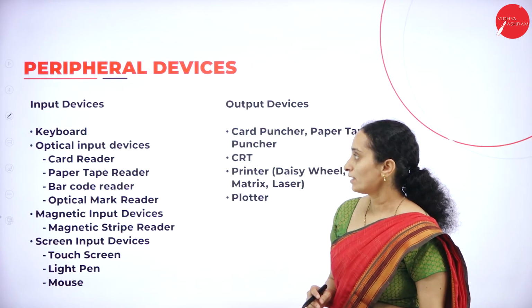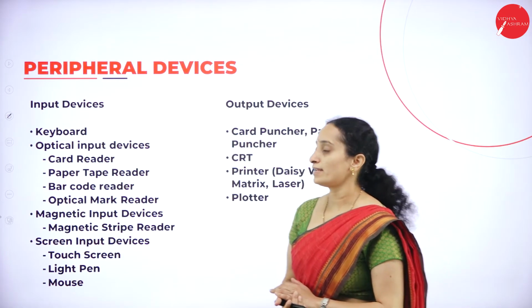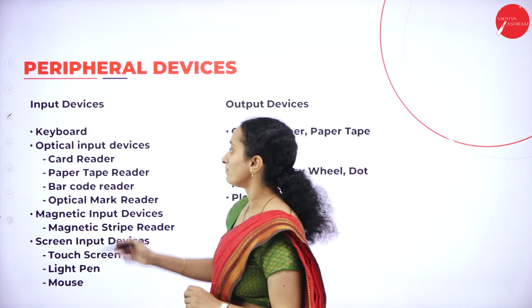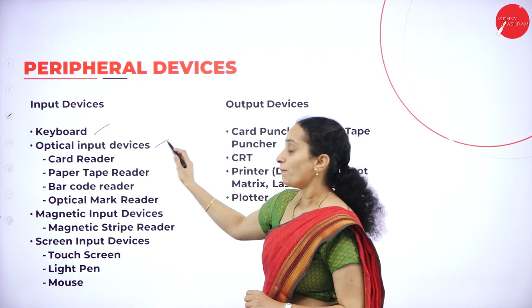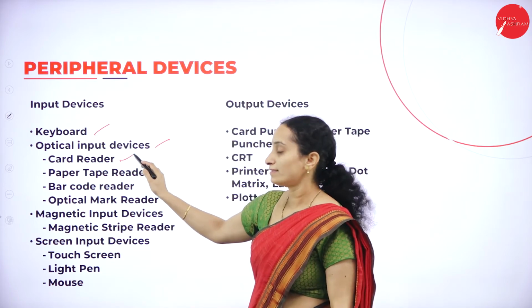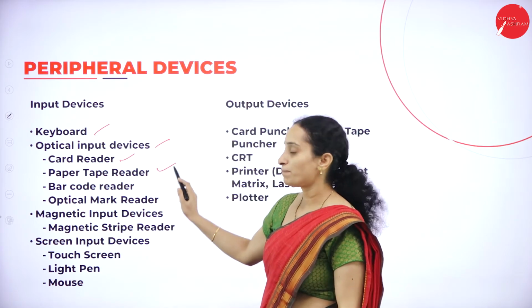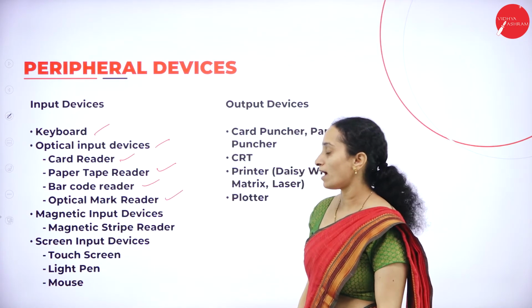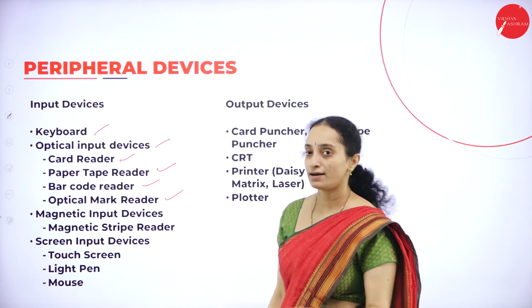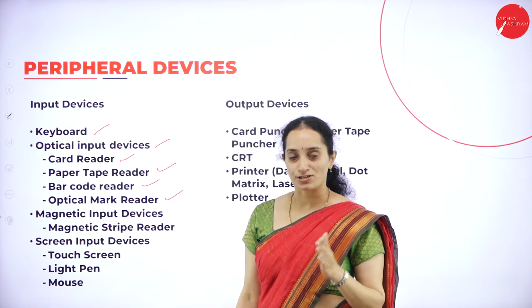Okay. Now we look at the various peripheral devices. We have input devices like the keyboard, and optical input devices like the card reader, paper tape reader, barcode reader, and optical mark reader, like we'll be having in your CET question papers.